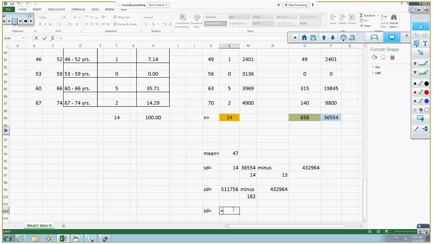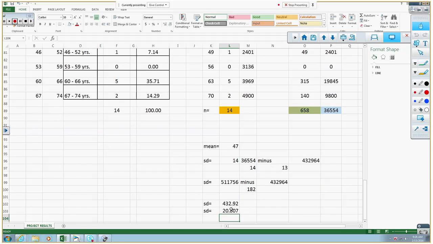It's equal to parentheses this minus this close parentheses divided by what? 182, and that's your variance. But the standard deviation is equal to what? Square root of 0.3. This raised to the what? Same thing, 0.5.